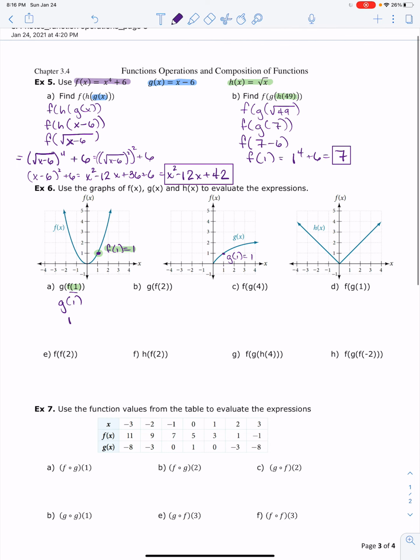B, g of f of 2. F of 2 is 4. So now we're looking for g of 4. And we go to function g. Here's my 4, g of 4 is 2.